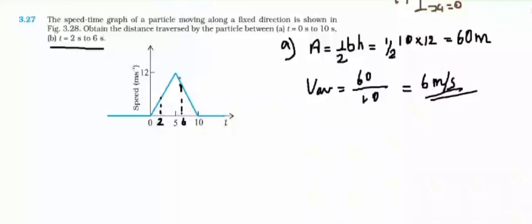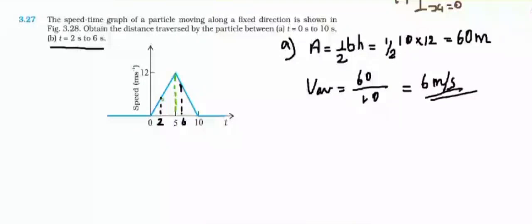So how can we calculate this? For convenience, we can divide the graph into two parts. Here, we can take the motion in two parts. The first case, you can take the motion from 2 to 5 seconds. Next, we can calculate the motion from 5 to 6 seconds.